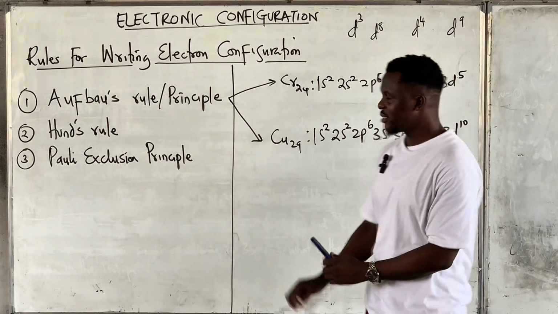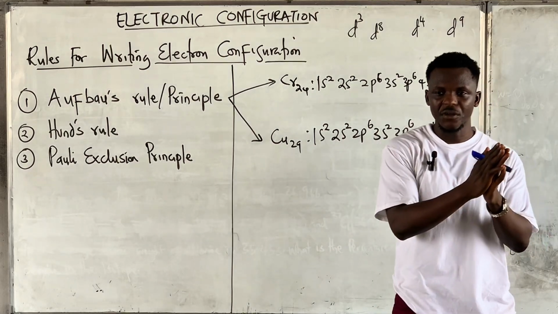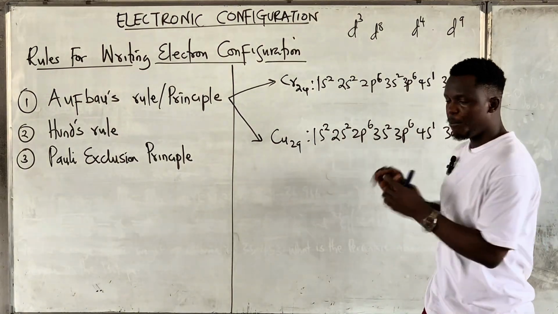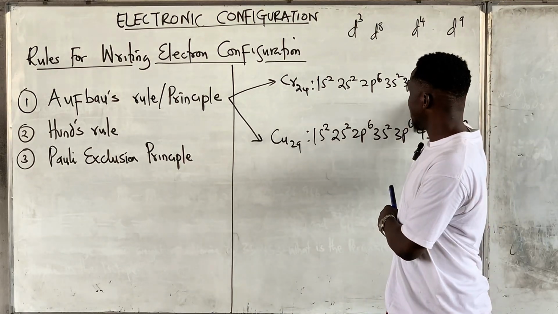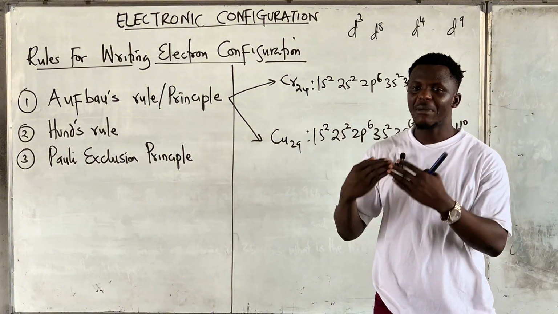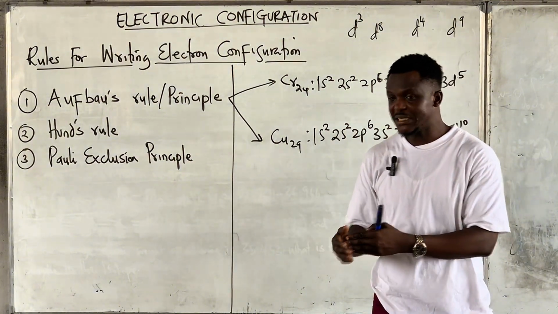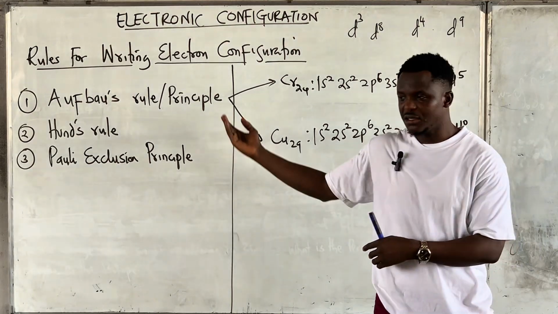Copper. Because the d orbital is more stable when it is d5, that is half filled, or when it is d10, completely filled. So in case somebody asks you, why is it that this guy prefers to be d5 as compared to d4? It's very simple. The atom attains extra stability when it is d5 or when it is what? d10, thereby ignoring the rule.